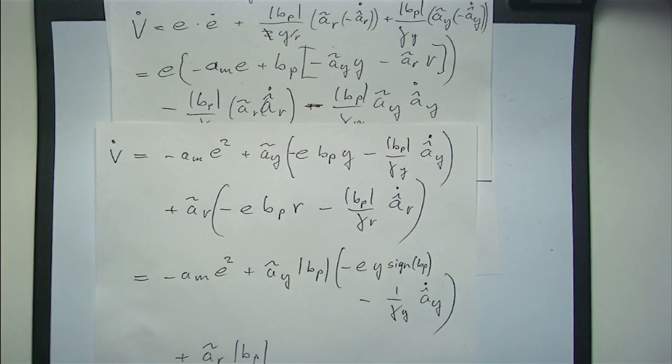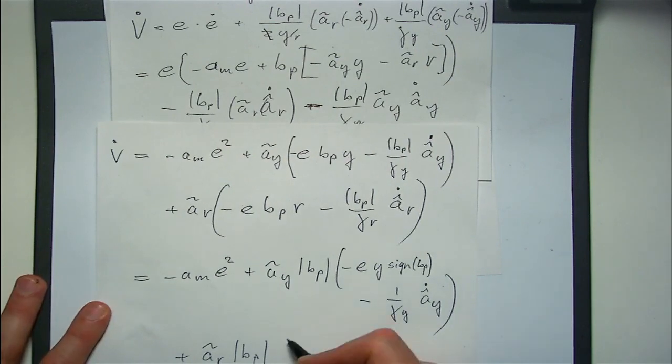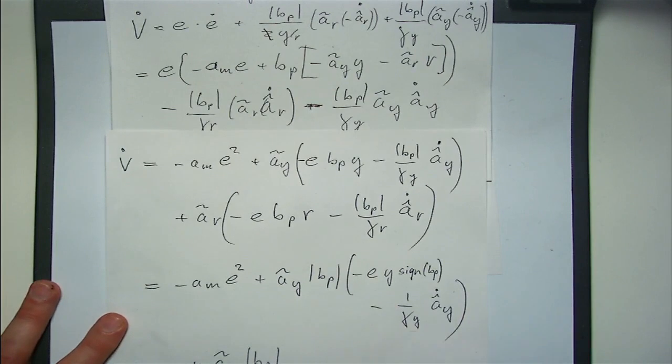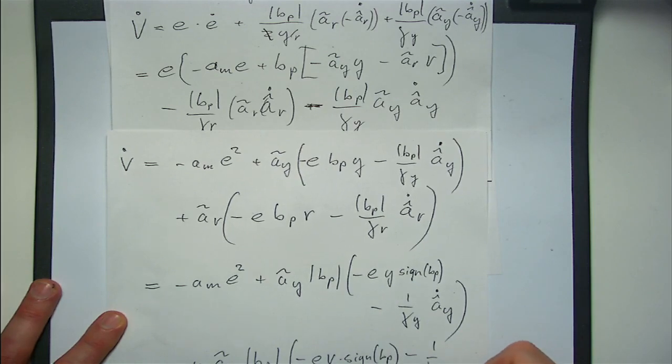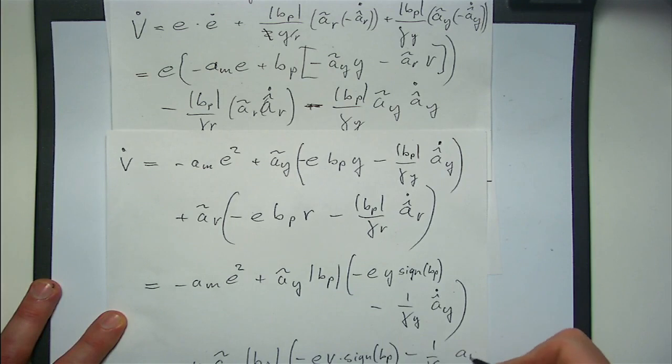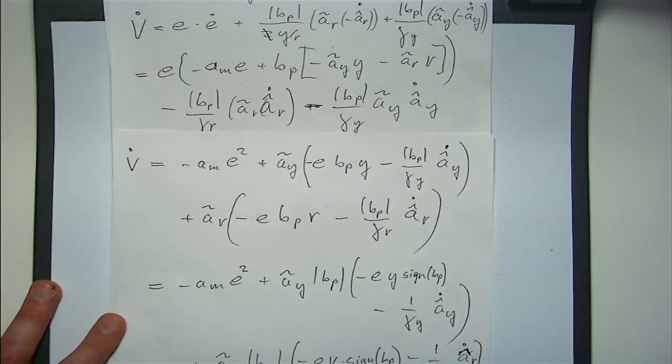So the BP has quite an important meaning here, because we have minus E times R times signum of BP minus 1 over gamma R. This is the gamma, and this is a hat, and there we have that.